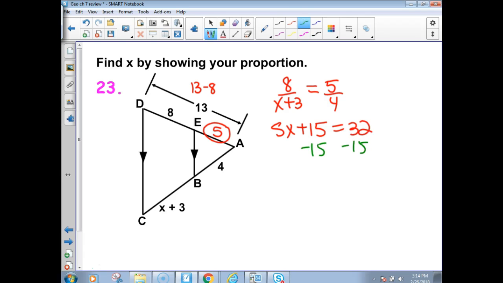Subtract 15. 5x equals, what is that? 17. And I have to divide by 5, so that's going to be 3.4.